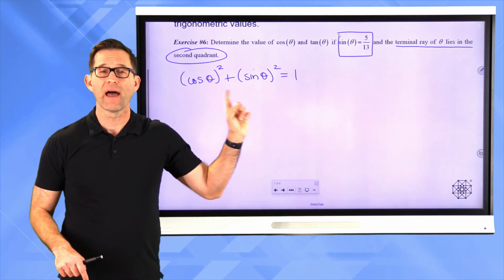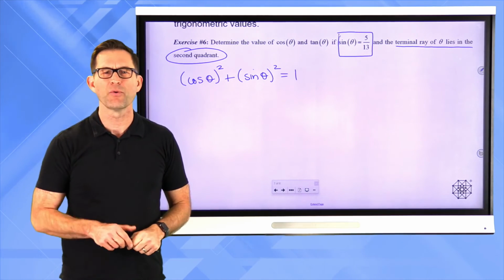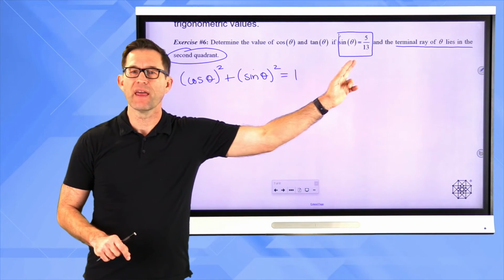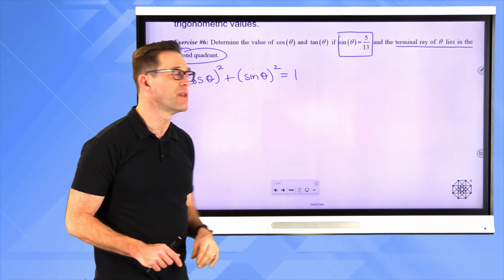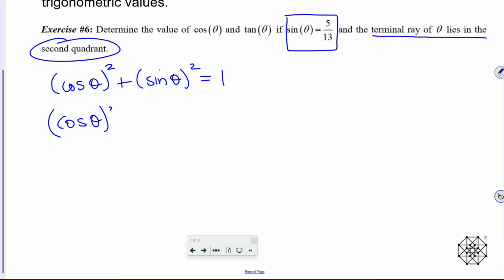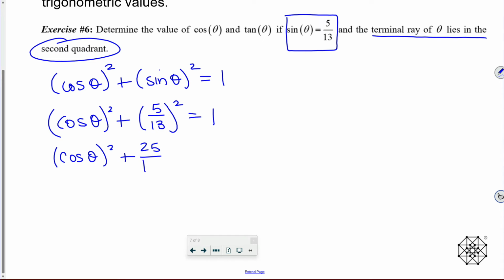So this allows us to solve for 2 possible values of cosine theta. Let's do that first. So I'm going to take 5/13 and substitute it in for sine theta. So I'm going to have cosine theta squared plus (5/13) squared. Remember, I don't know that theta is 5/13. I know that sine theta is 5/13. That's going to give me cosine theta squared plus 25/169 is equal to 1.